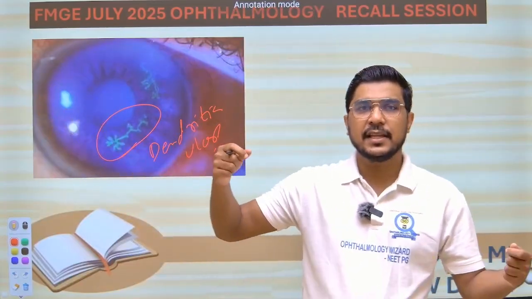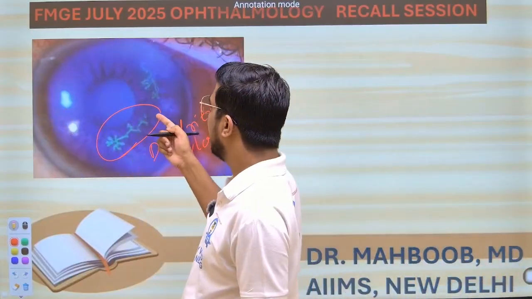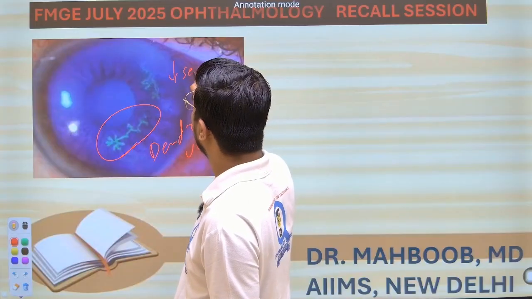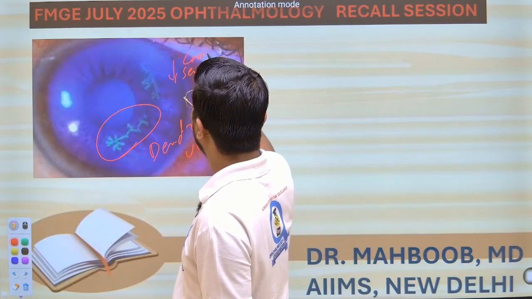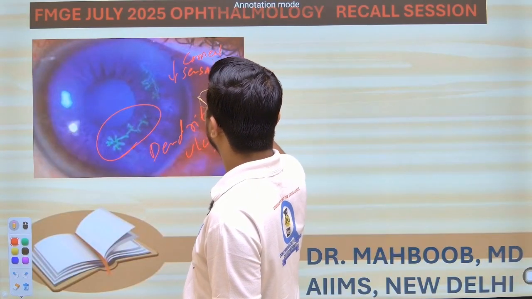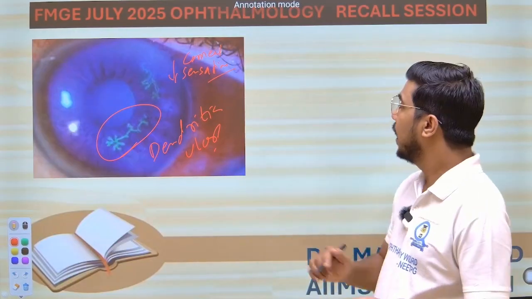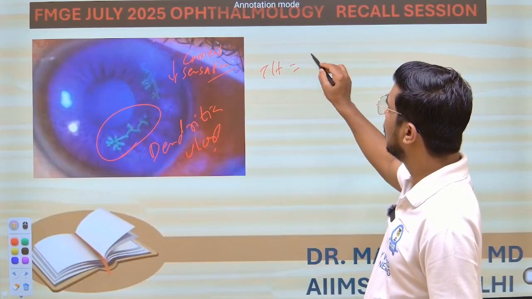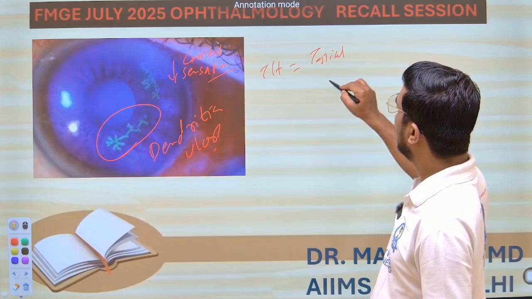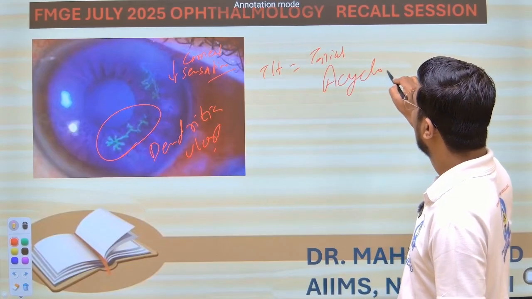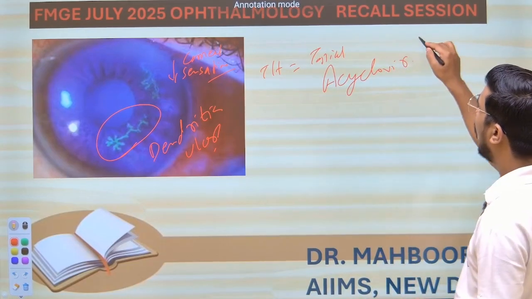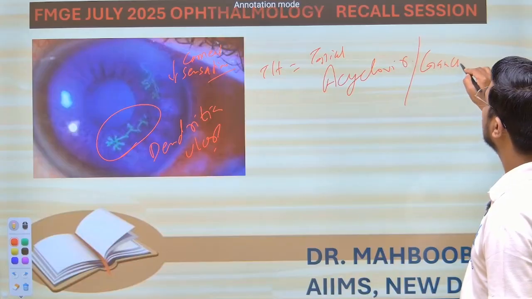Okay. Second thing, in viral keratitis there is a decreased corneal sensation. Okay, and the treatment will be topical acyclovir, or you can also give ganciclovir.